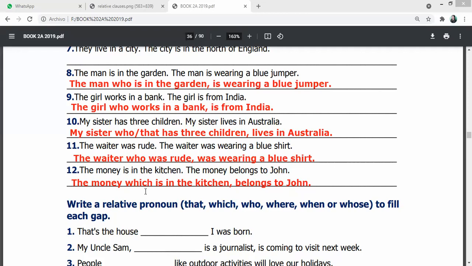Which of those has to use commas? Extra information. The extra information needs commas, right? Yes? Okay. And so look at the difference between these two sentences. Veamos la diferencia de esas dos oraciones, okay?